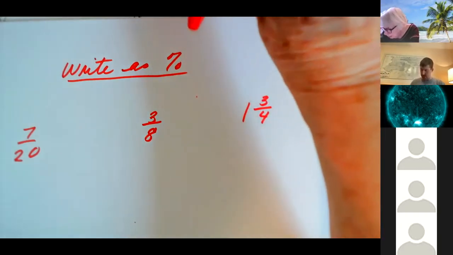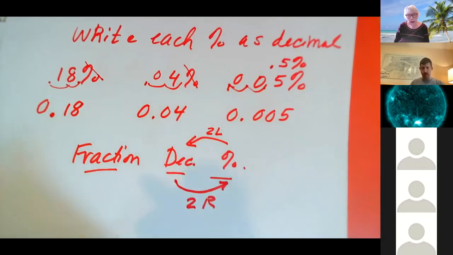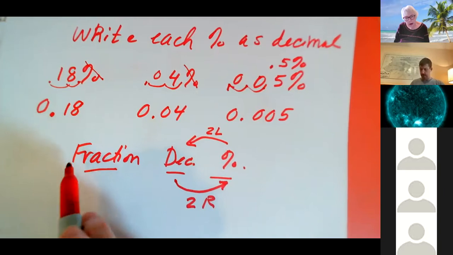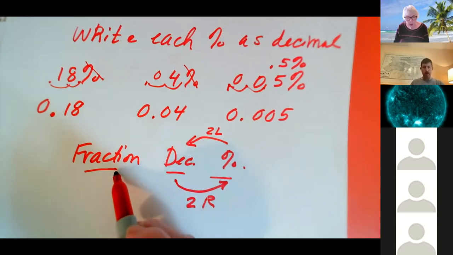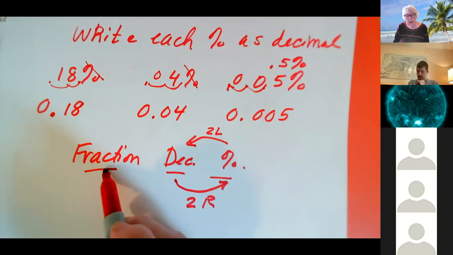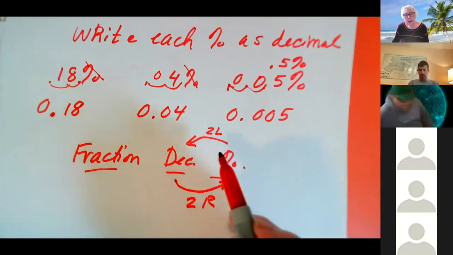Now, I want to go back to my lovely little chart to make a point. Each one of these was a fraction, and it needed to go to a percent. And so sometimes, probably most of the time, it's easier to take the fraction to a decimal first and then to a percent.